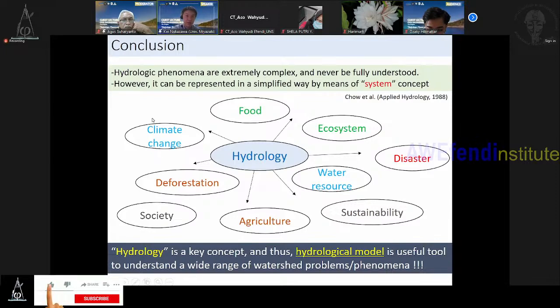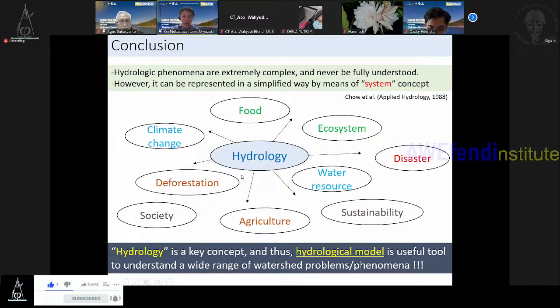So again, hydrological cycle and hydrological phenomena are very complex and never fully understood, based on the very famous book, Applied Hydrology. However, they can be represented in a simplified way by means of the system concept. I mean, this is a hydrological model.